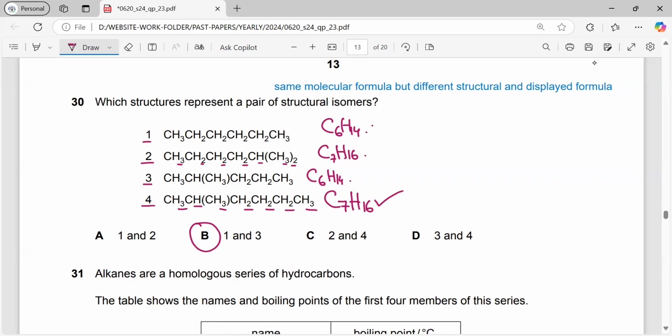But they are saying their structural formula or displayed formula would have to be different. For number 2 and number 4, their structural formula is exactly the same. And for 1 and 3, the structural formula is different. For 2 and 4, both of them are branched.